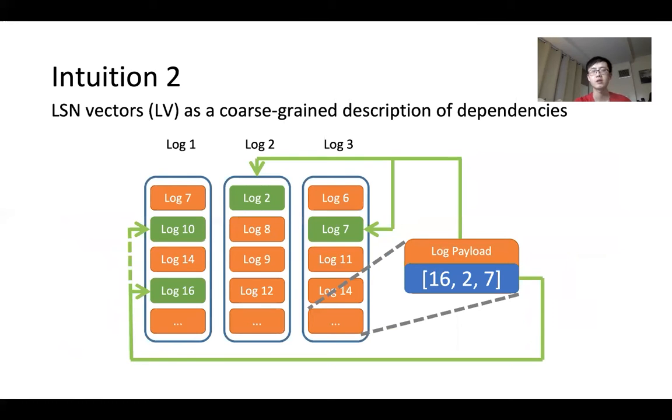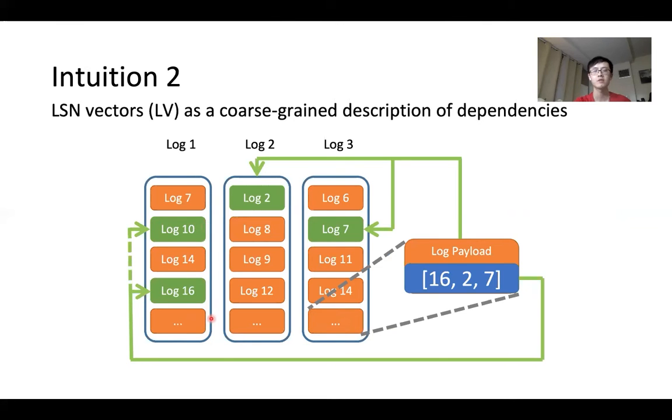Here in this work, we use log sequence number vectors as a coarse-grained description of dependencies. The idea is very similar to the vector clock, the Lamport vector clock. Let's say this log record depends on these 4 transactions colored in green.